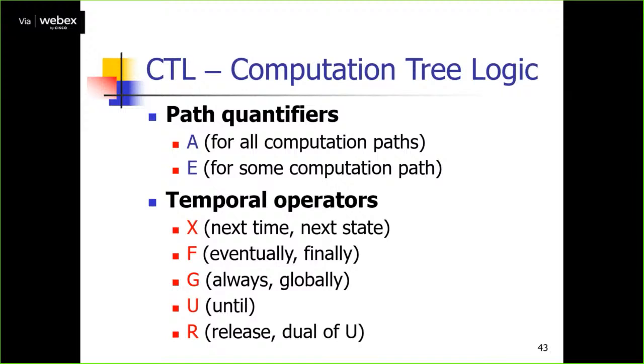You need to explain how all computation paths are executable, which makes the verification possible. So we segregate paths: all computation paths as A, and some computation paths as E. If all are computable, it is A; if some are computable, it is E. Then there are temporal operators: X, next time or next state; F, eventually or finally; G, always or globally; U, until; and R, release, the dual of U.